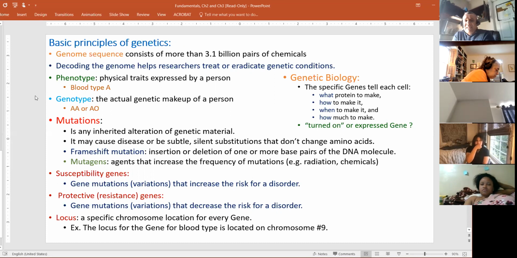The gene responsible for the production, the synthesis of insulin, is present in the beta cells of the islets of Langerhans in the pancreas.